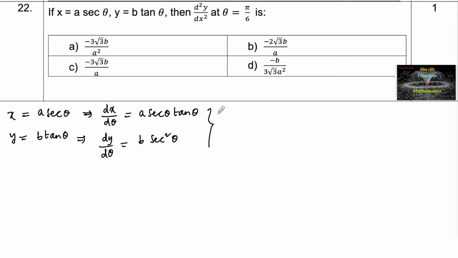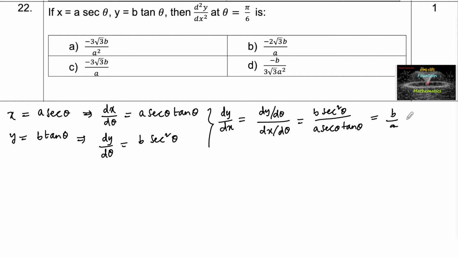So we can write dy by dx is equal to dy by d theta upon dx by d theta, which is equal to b secant square theta upon a secant theta tan theta. So that is b upon a, secant theta upon tan theta.